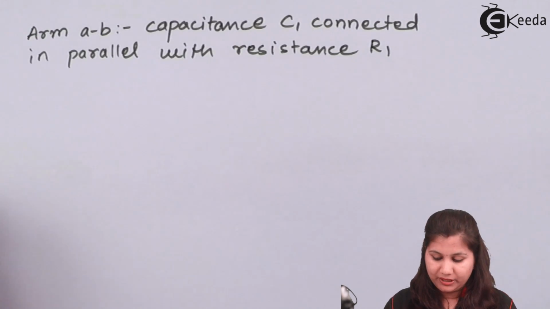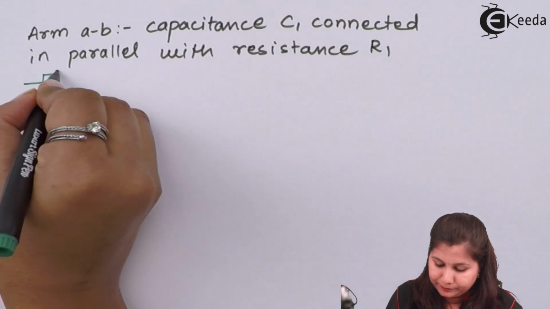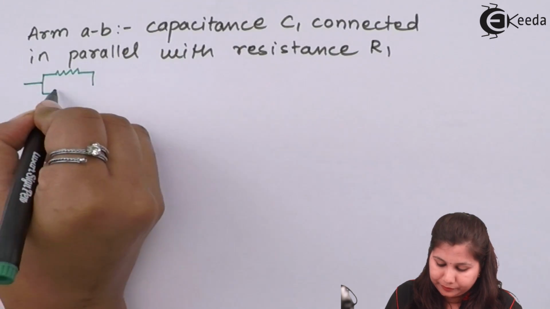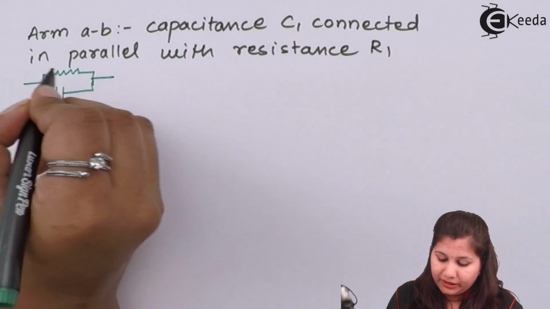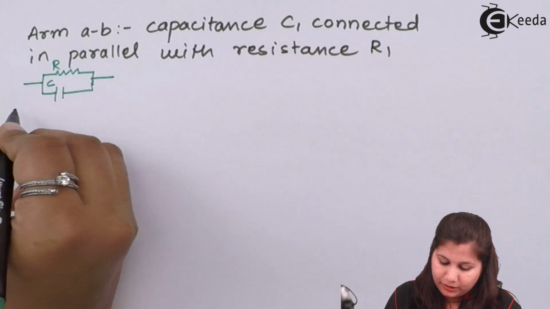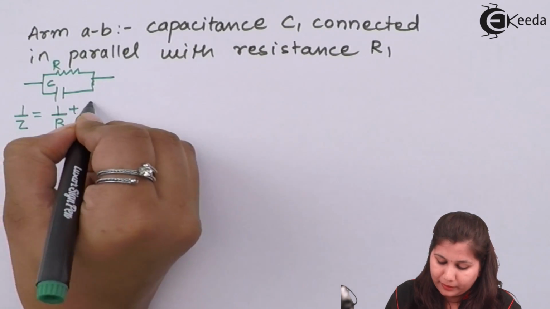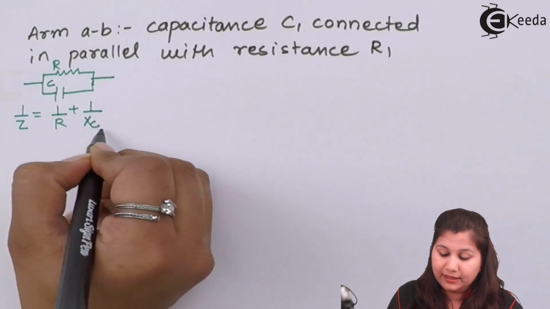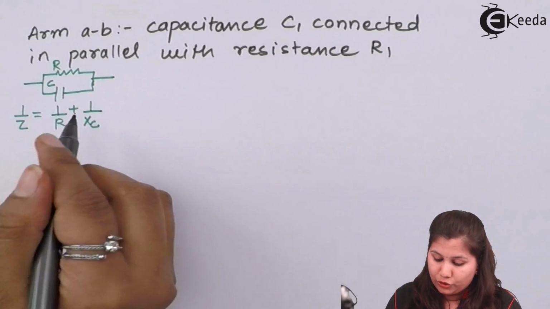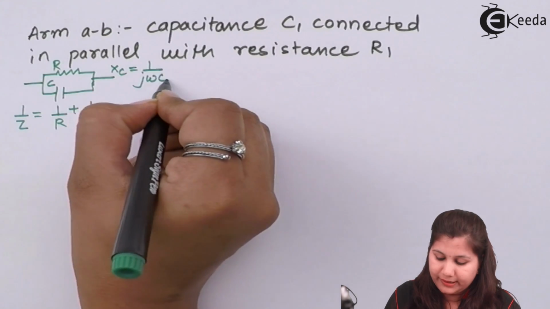When we have a capacitor and a resistor in parallel, their equivalent impedance can be calculated. So 1 by Z will be equal to 1 by R plus 1 by XC. XC is the capacitive reactance, so XC value is equal to 1 upon J omega C.